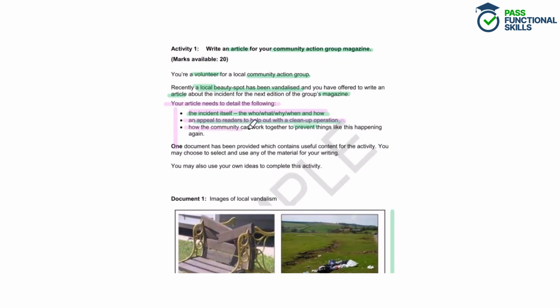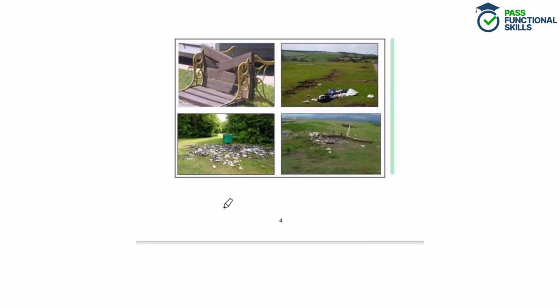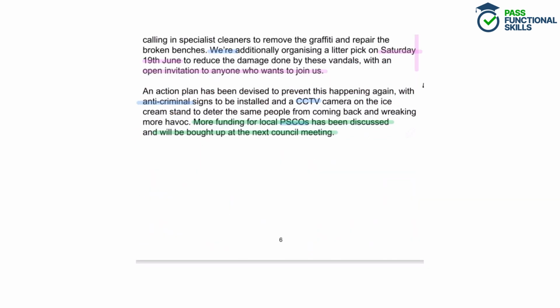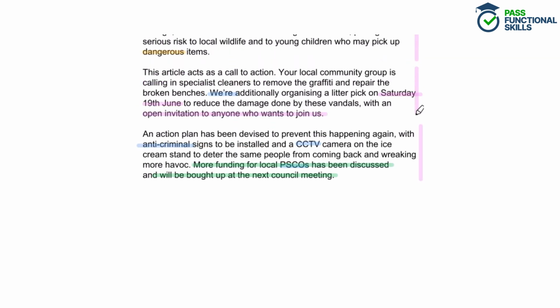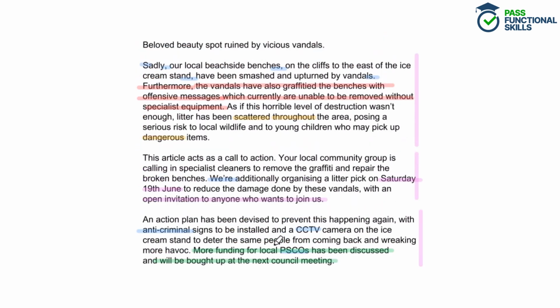Finally, we have explained how the community can work together to prevent things like this happening again in the final paragraph there. So explaining in some detail a few of the things that have been done to prevent it happening again. So overall, this is a really appropriate level of detail and it's an appropriate length to cover all of the points that were asked in the question.